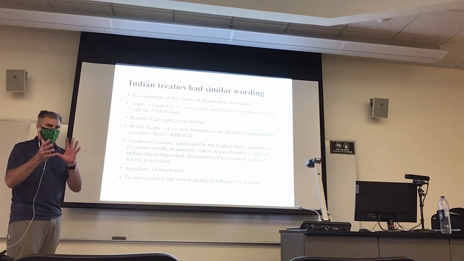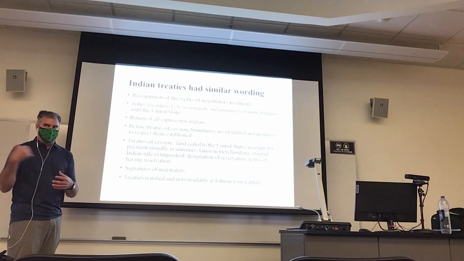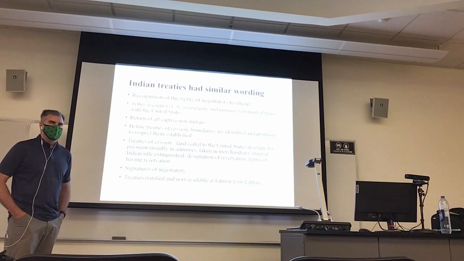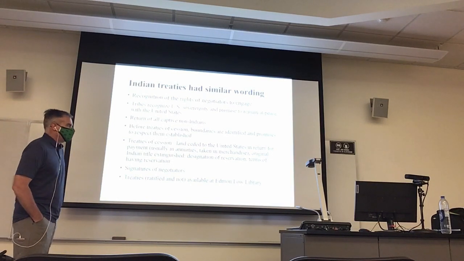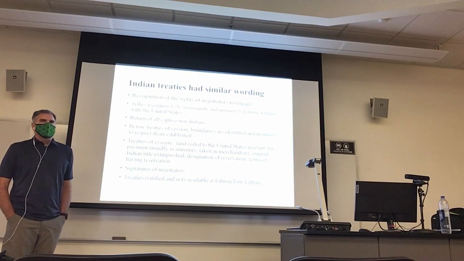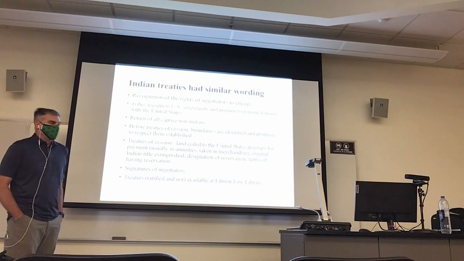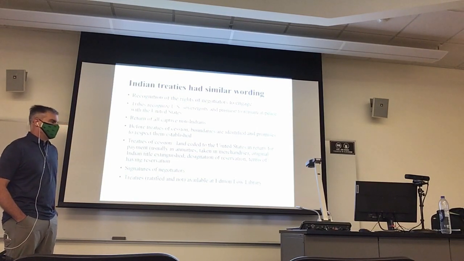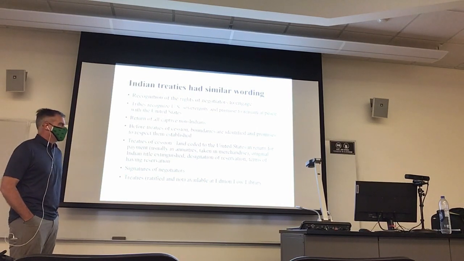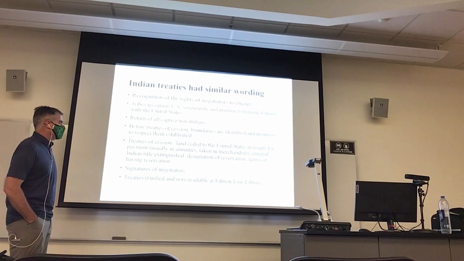And so what the library's done is they've scanned all these, and they've created a way that you can search them and find them real quickly online. And that service is actually considered very valuable across the disciplines that study U.S. Indian policy and Indian law.